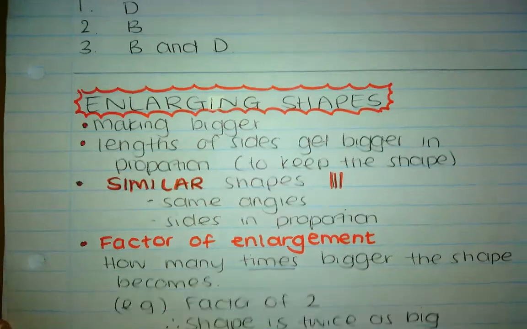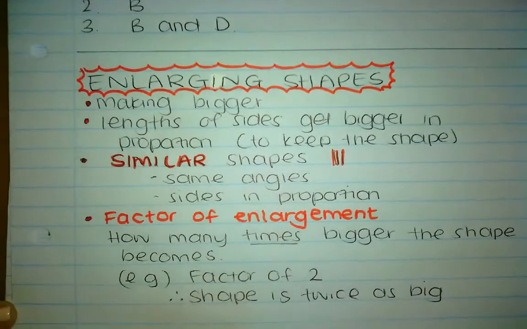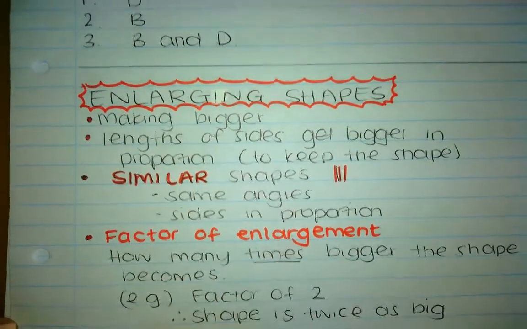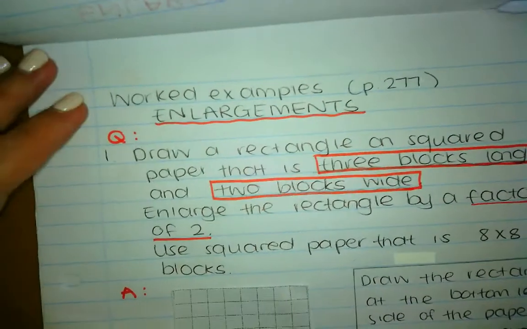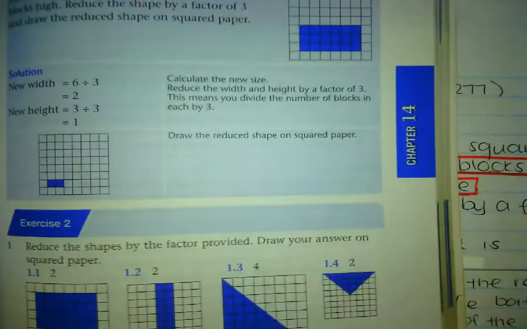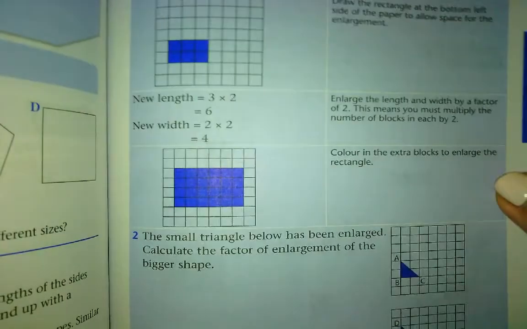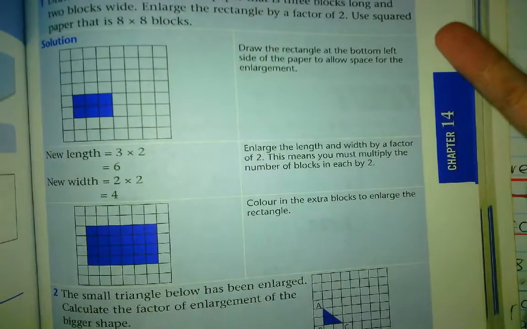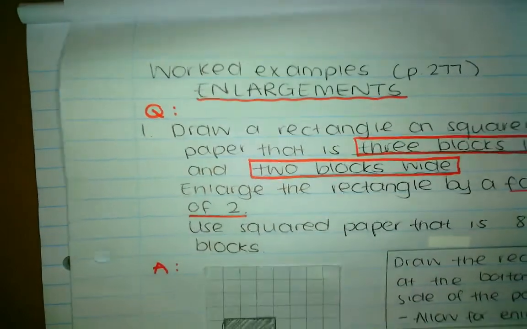Okay, so you should have enlargements and reductions. The note on enlarging shapes, that should be there. And then you should have the worked examples, so that is on page 277. So on the worked examples you should have from here till there, which is basically these worked examples here.